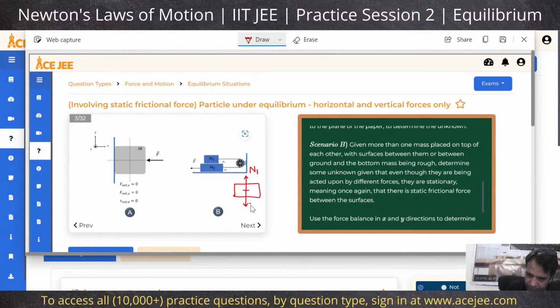This is M1 g. Now if the bottom one moves to the left, the top one has to move to the right, so the two surfaces are gliding against each other. So the frictional force would be acting in this direction, and this is the direction of the tension T.